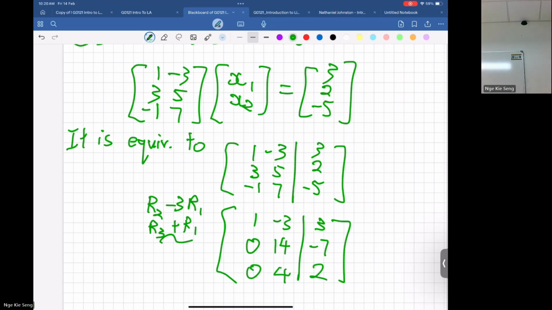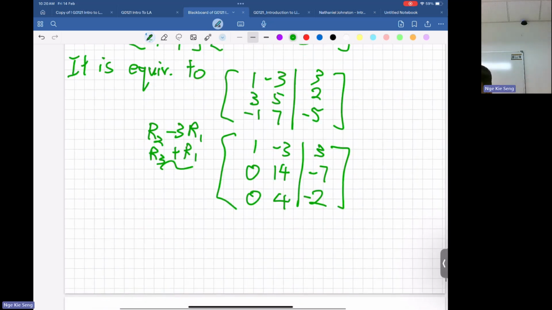Right. This one minus 2. Okay, and so I think it's better for us to scale it. So let's say we scale both rows again.